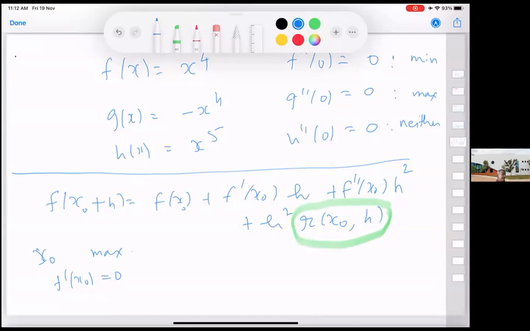Since x0 is a maximum, f of x0 plus h is less than or equal to f of x0. This quantity is 0. So f of x0 plus h minus f of x0 is less than or equal to 0.